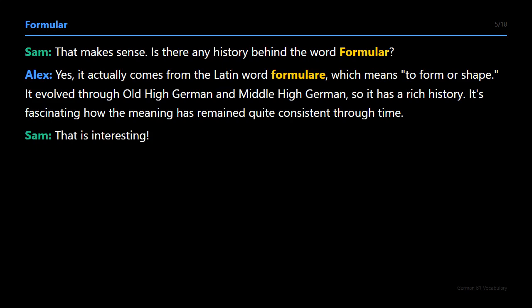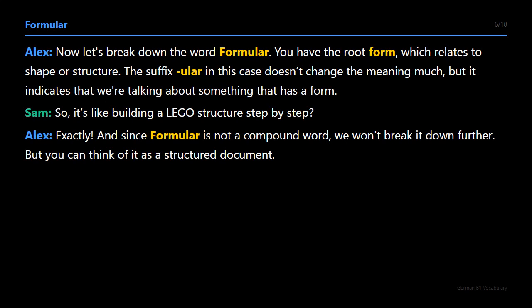That is interesting. Now let's break down the word Formular. You have the root, Form, which relates to shape or structure. The suffix, ula, in this case, doesn't change the meaning much, but it indicates that we're talking about something that has a form.